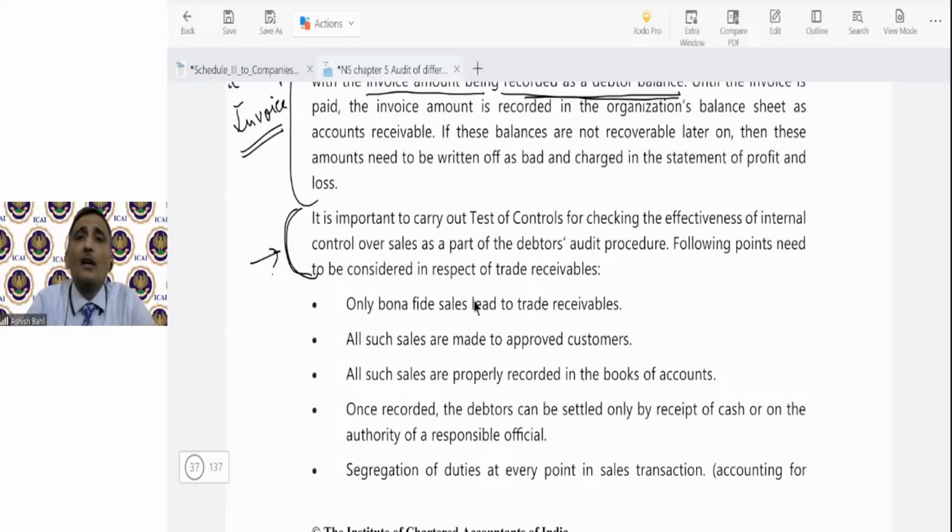And how would he check the system? He would perform tests of controls to see what the company's system is in this regard, and he would try to test that system.